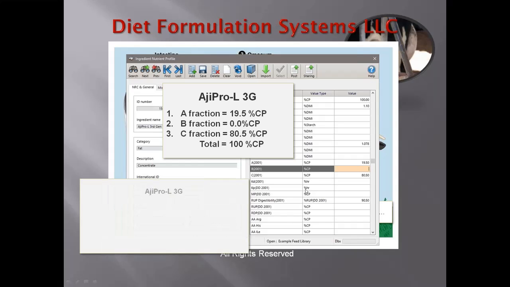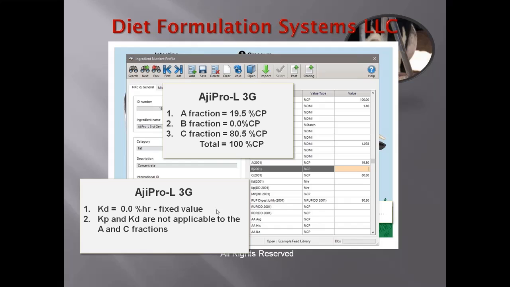So let's look a little at the details. It has a KD of 0. There's no degradation rate involved in this characterization. Why? Because there's no B fraction. And that's the same reason that there's not a passage value generated by the model, because KD and KP are not applicable to the A and C fractions.